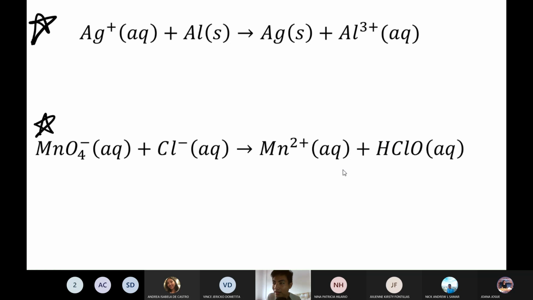Yung iba, ito na lang. Okay? So, yan. And comment nyo sa box kung ano yung sagot nyo. Sa 1 ba, Ag ba yung oxidized? Al ba yung reduced? Dito ba, ang Mn ba ang reduced? Ito ba ang oxidized? Let us know. Okay. Comment nyo na lang sa box kung ano sagot, ha?